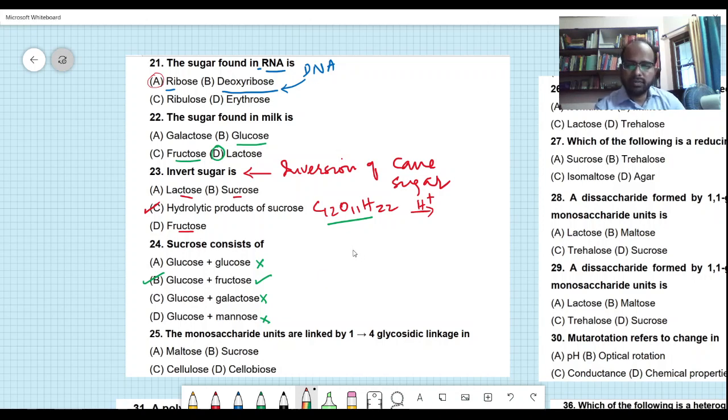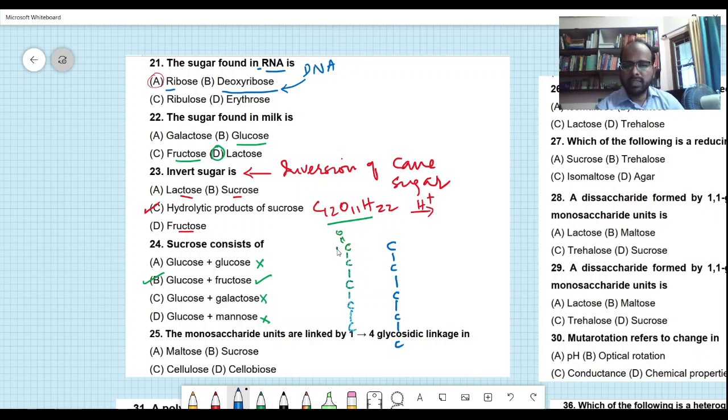Glycosidic linkage, of course, I'll just draw a small molecule there. You have seen the C double bond O is there, and can you remember this? 4, 5, 6, right? So there is one linkage, and this is the second molecule of the glucose.